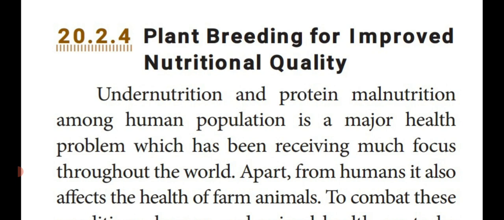And also we have to cultivate more production in our country to increase the nutritional quality of the food material. That is said to be plant breeding for improved nutritional quality.